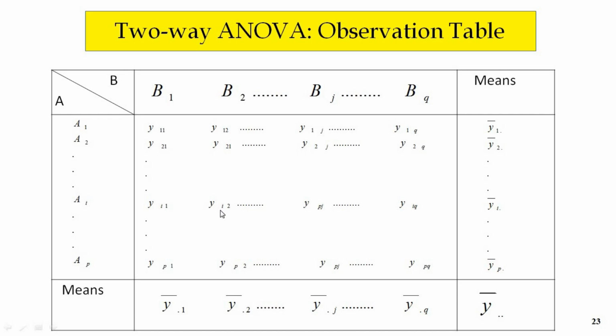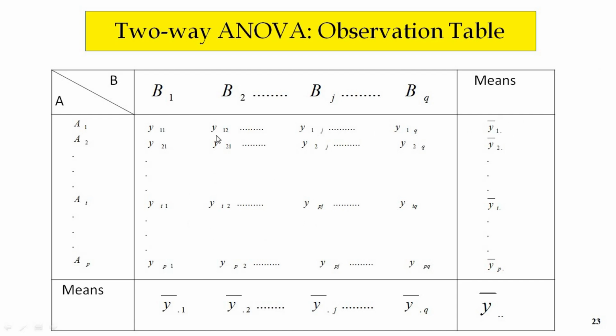Suppose we have two factors, A and B, where A has P levels, that means A1, A2 up to AP, and B has Q levels, that means B1, B2 up to BQ. And let Yij, where i equals 1, 2 up to P and j equals 1, 2 up to Q, denote the observation for the ith level of factor A and jth level of factor B. Then we can prepare this observation table.